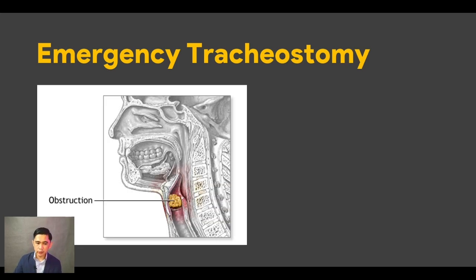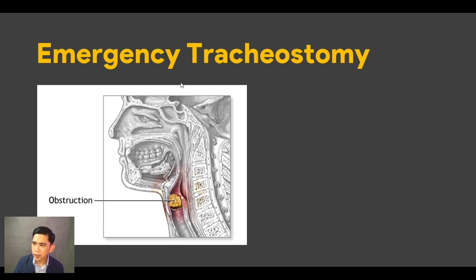So whenever a person has an upper airway obstruction just like this one, normally we breathe through the nose, it goes down into the larynx and into the trachea and then into the lungs. But whenever a person chokes or there is an obstruction above the trachea, then we call it upper airway obstruction.